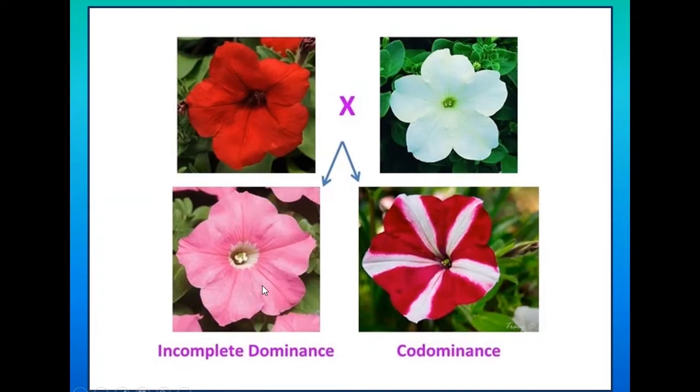Now you produce a new, different phenotype, which is pink, that is observable in the offspring. When we say phenotype, from what you've learned in grade 8, this is the observable characteristics. So the phenotype for incomplete dominance is new. It produces a third type of phenotype, which is far different from the parents.